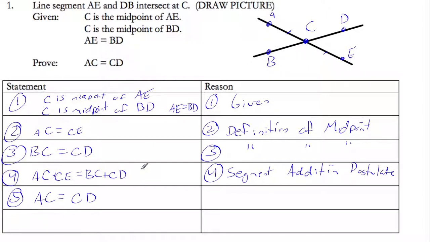Then I can use the segment addition postulate. I'm trying to get to AC is equal to CD. I should have said that these two are equal to each other first.